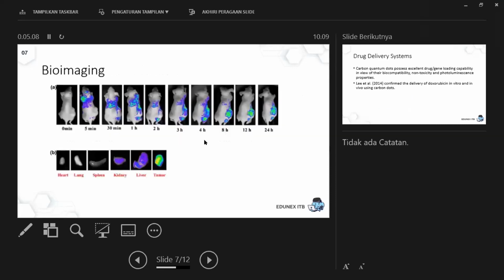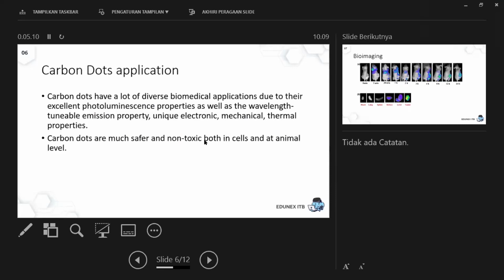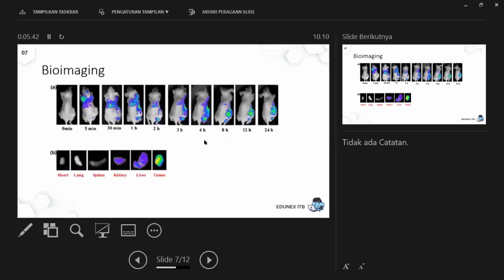In contrast to the traditional quantum dots, essentially comprising heavy metal which have known toxicity and hazard, carbon dots are much safer and non-toxic both at cell and animal levels. So in the next 3 slides, I will show you examples of carbon dots application in the biomedical field.